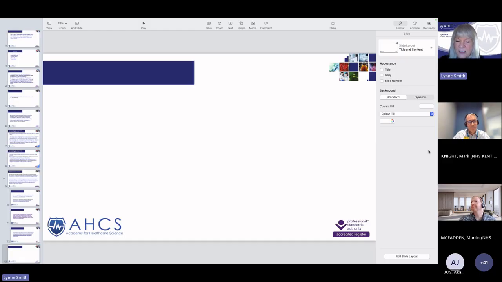So we decided that a templated form would make it more prescriptive for the applicants to write to, but very importantly that for the assessors there's consistency in assessments, and there's also guidance as to what sort of evidence is appropriate for the applicants.